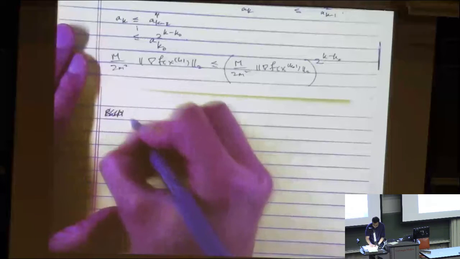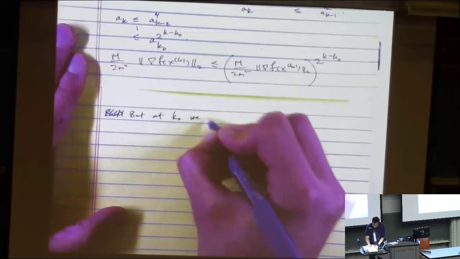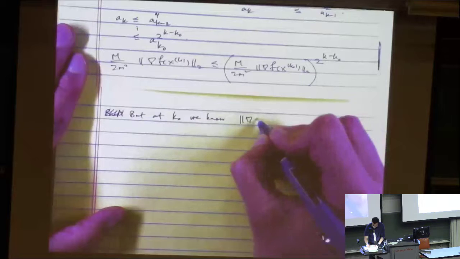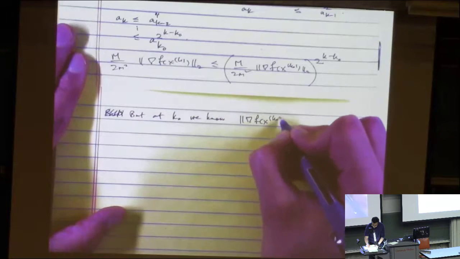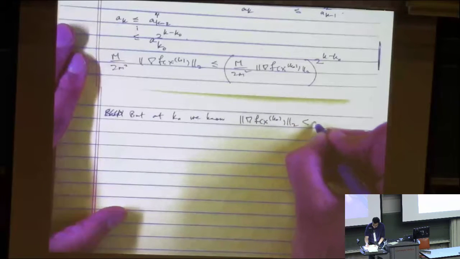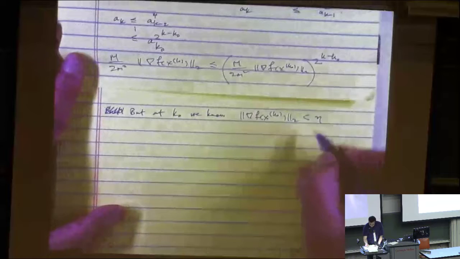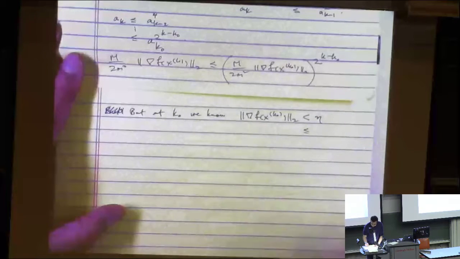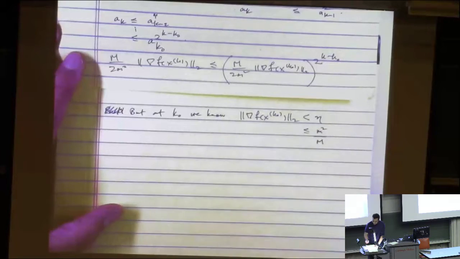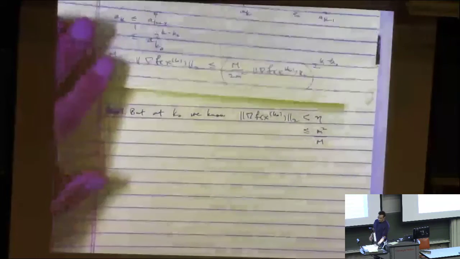At k0, we know that the gradient of f of x at iteration k0 in 2 norm was less than eta, this parameter eta. And I don't know if you recall, but I said that it was less than or equal to m squared over m. That was an important property of that parameter. So take a look at this then.